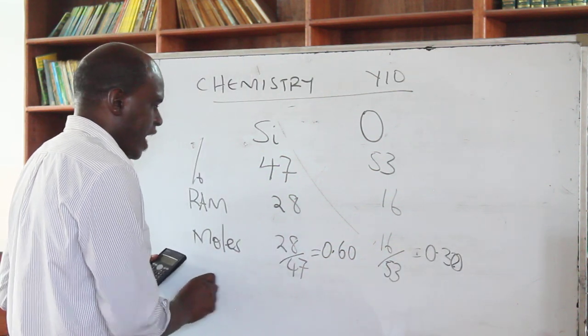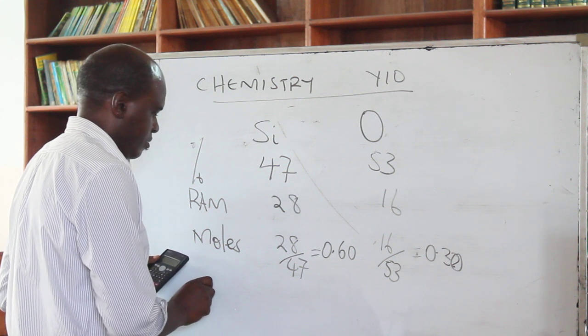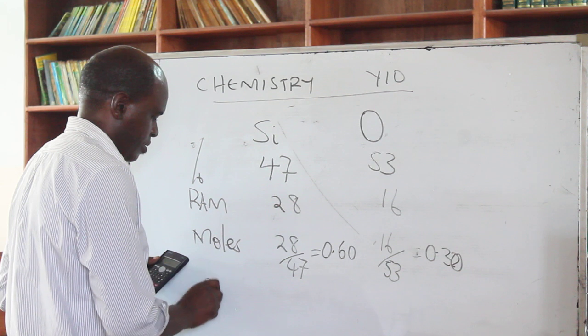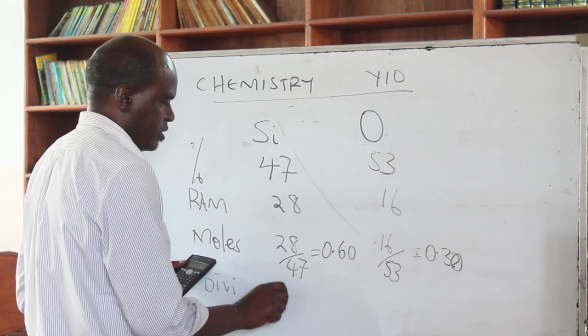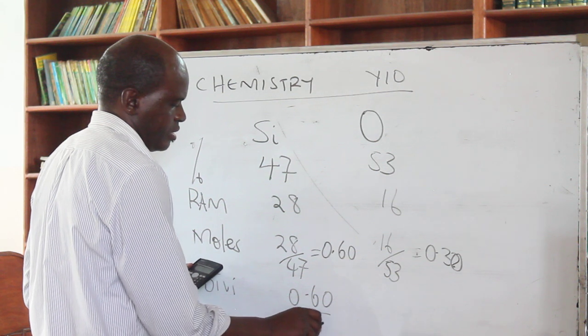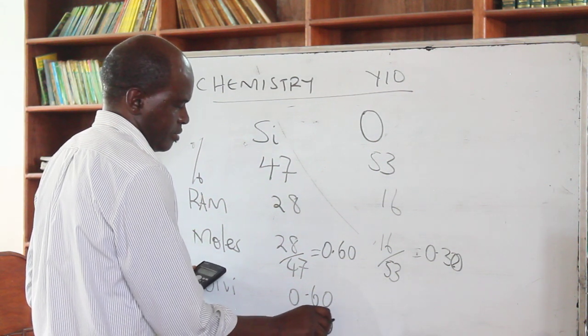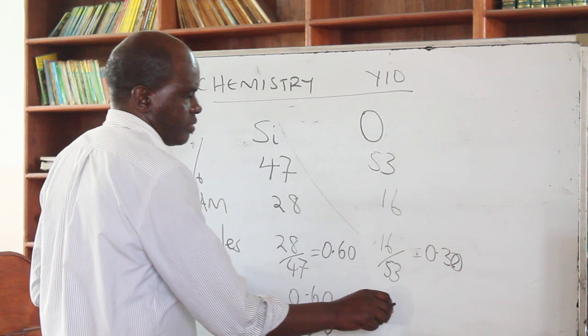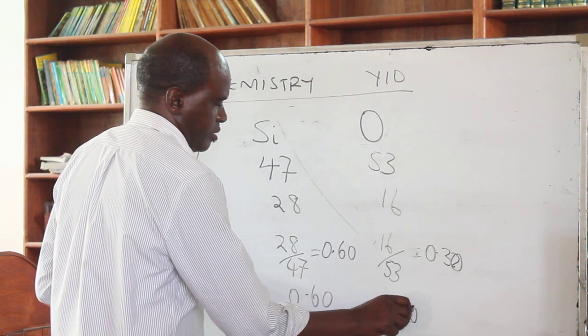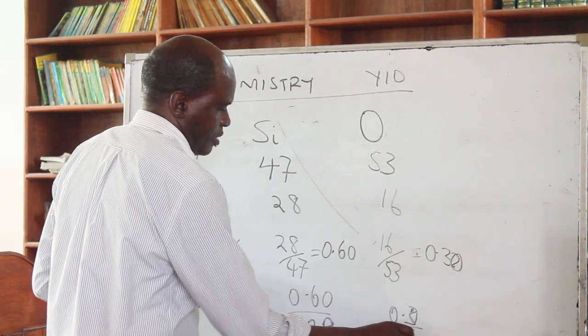So we now divide by the smallest. 0.60 divided by 0.3, and 0.3 divided by 0.3.